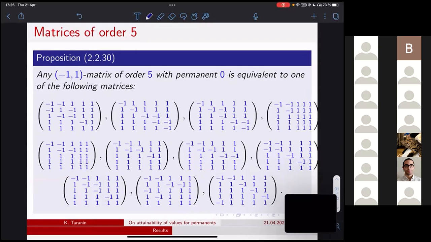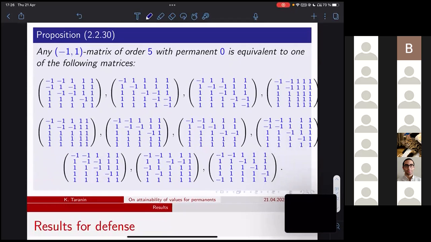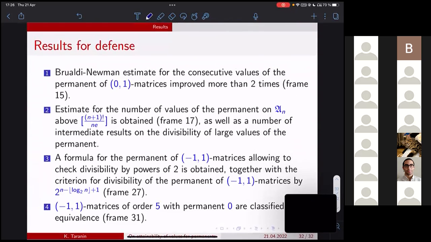Yeah. So this is the final result. This is the list of all results that I mentioned today and that are included in my dissertation. So again, it's the improvement of the Brualdi-Newman estimate. It's an estimate on the number of values above the greatest odd permanent.